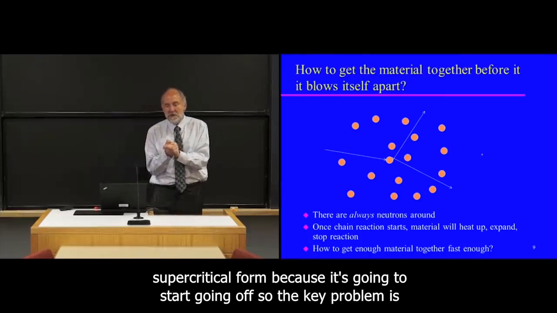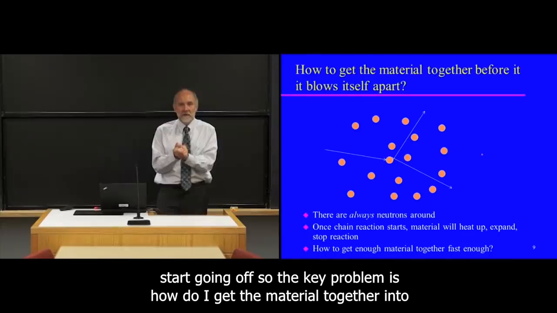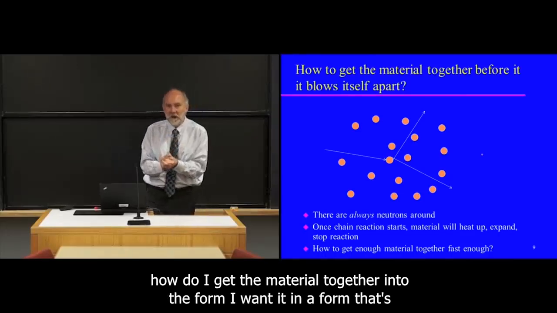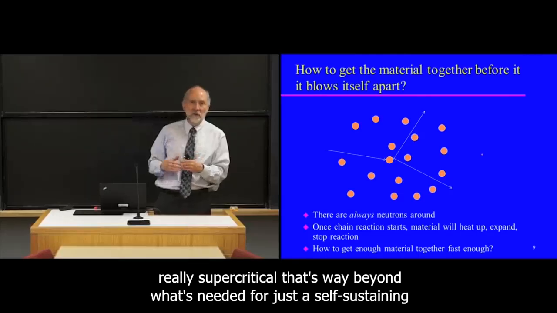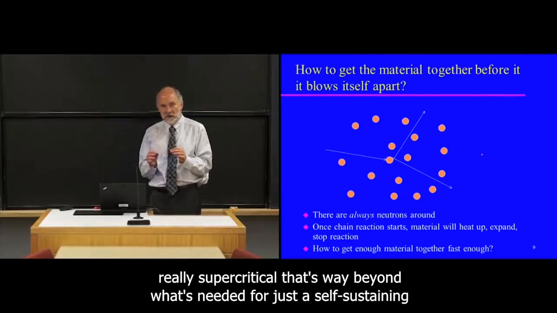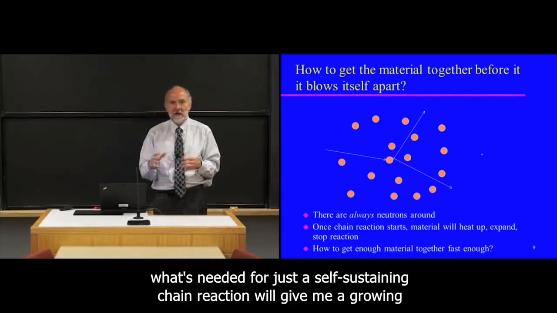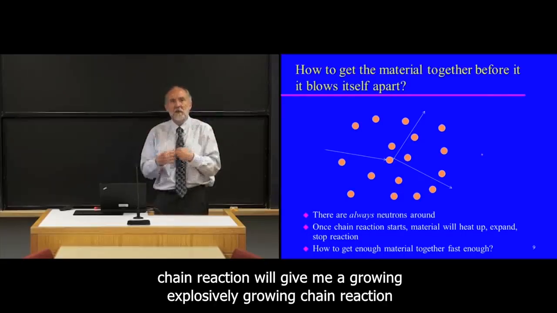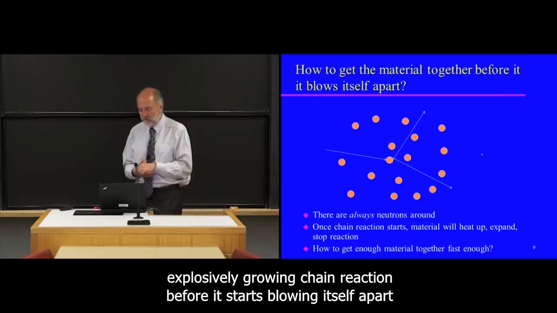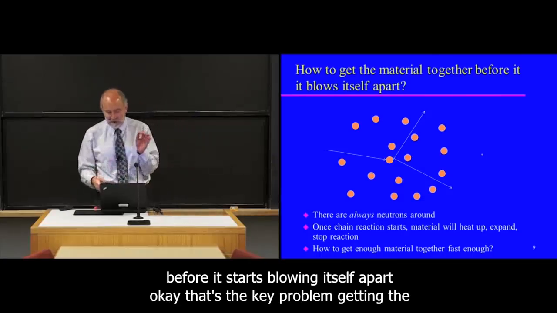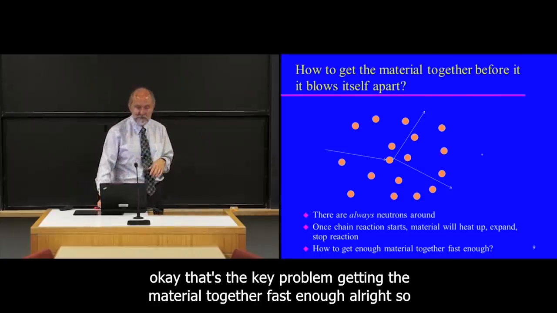So the key problem is, how do I get the material together into the form I want it in, a form that's really supercritical, way beyond what's needed for just a self-sustaining chain reaction, that will give me an explosively growing chain reaction before it starts blowing itself apart. That's the key problem: getting the material together fast enough.